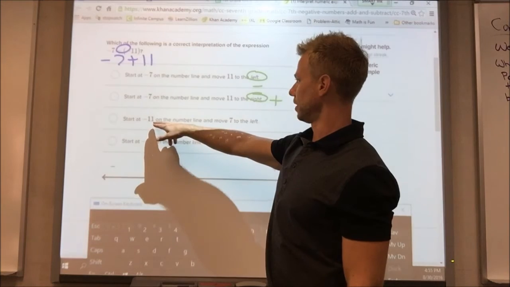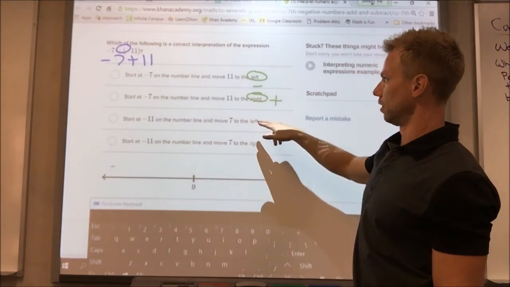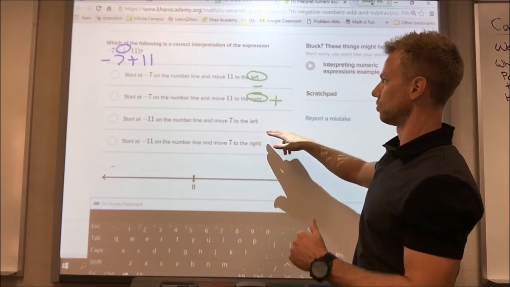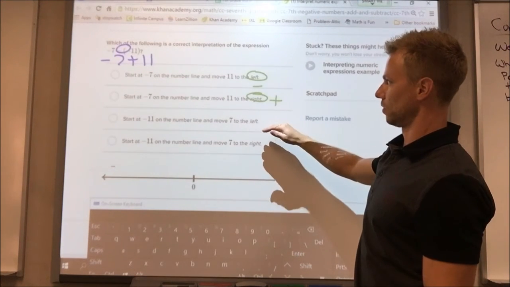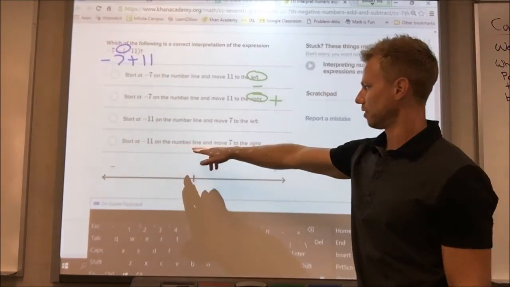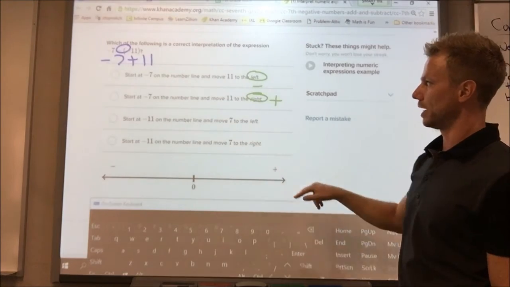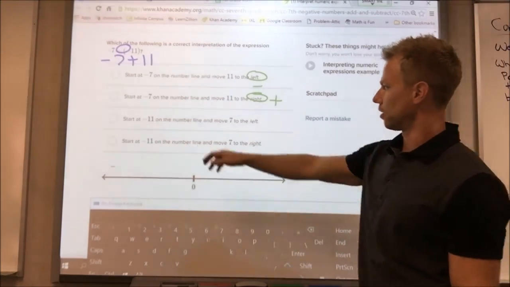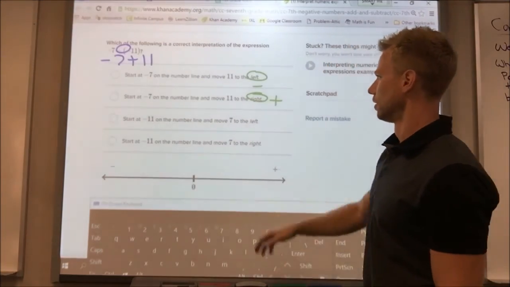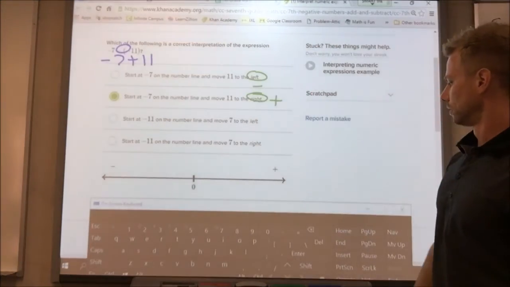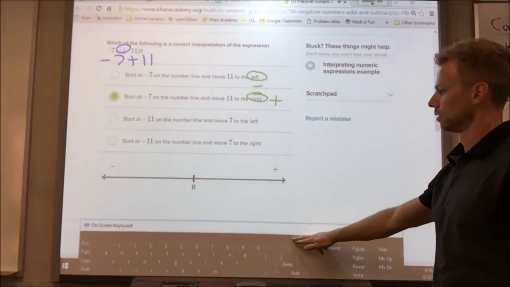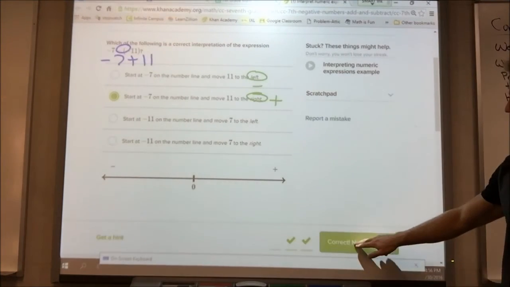Start at -11 on the number line and move 7 to the left. If we start at -11, move 7 to the left, that's going to give us a bigger negative number. That's not going to work. Start at -11 on the number line and move 7 to the right. Again, our 11 is positive, so we're not going to start at -11 on either one of those. So it's got to be the second one right there. And we got that one right.